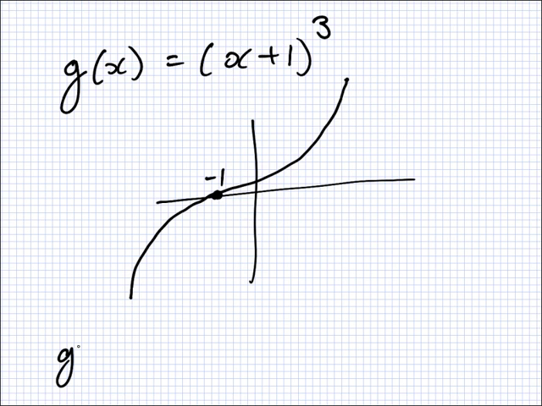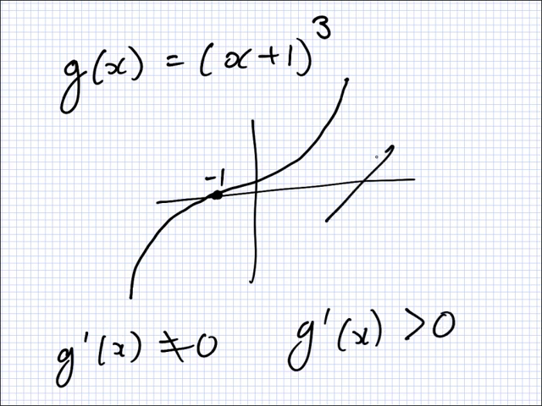You see, if you calculate this, it's never 0. In fact, it's always positive, increasing. The derivative is equal to 3x plus 1 squared.